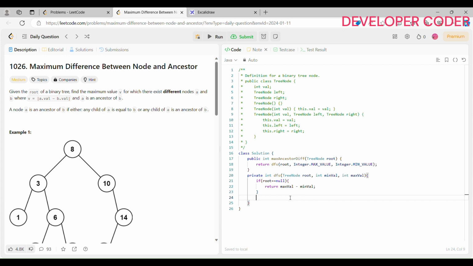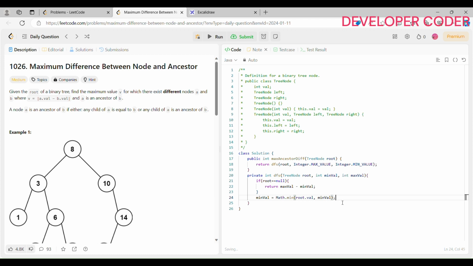Now next we are going to get the min value. We are going to use the math function, Math.min, and I'm going to get the minimum value from root.val and our current min value.